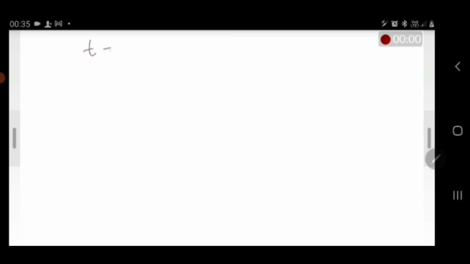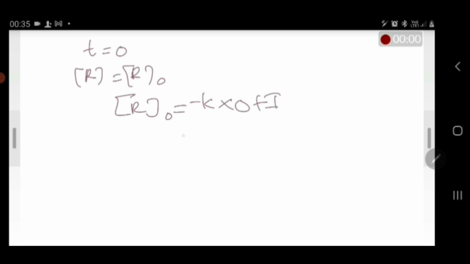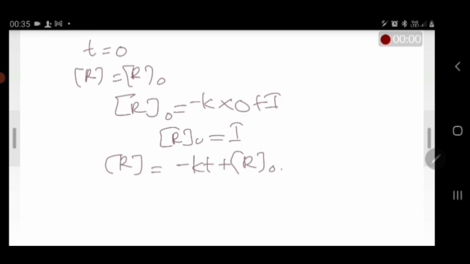For that you consider at t is equal to 0, R is R naught, and when you substitute this value in the equation, you get R naught is equal to minus k into 0 plus I. So R naught is I. You can substitute the I value in the previous equation. So you get R is equal to minus kt plus R naught. This is the integrated rate equation for zero order reaction.